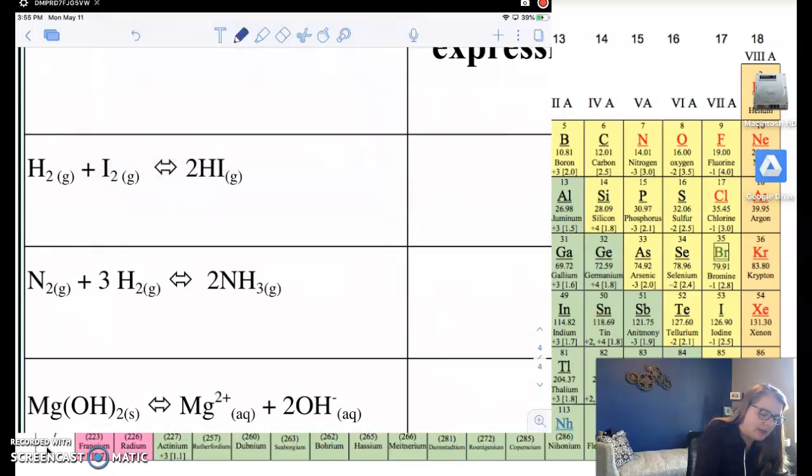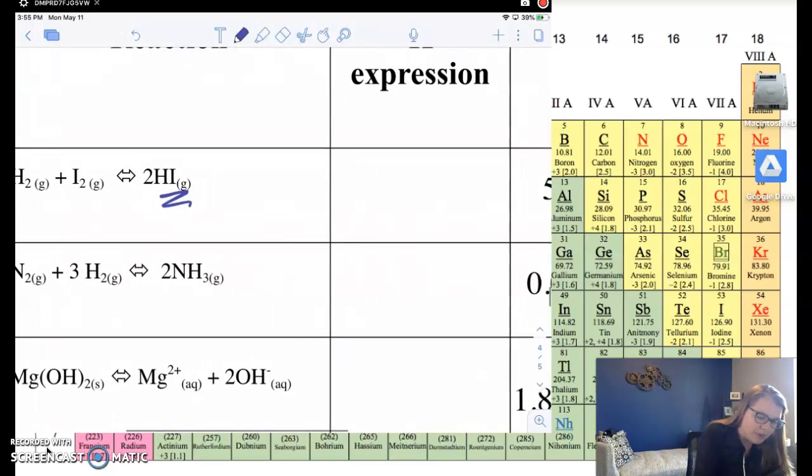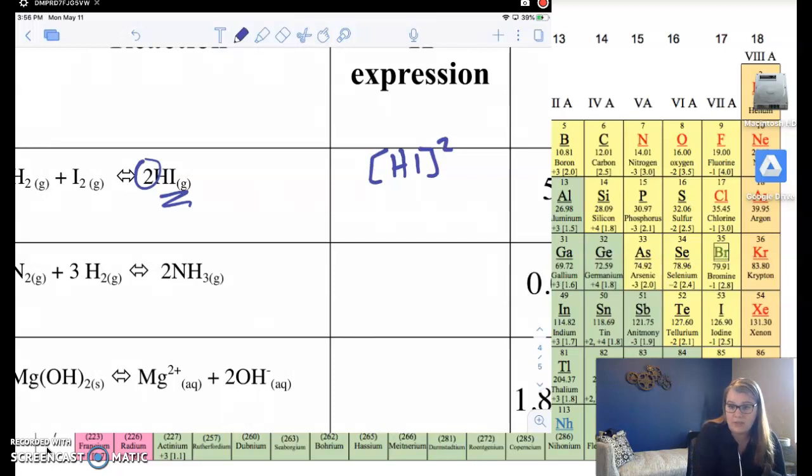So I've got my product here, which is a gas, so this will be a part of my equation. I'm going to take the concentration of HI, notice I did my brackets, and since this has a 2 exponent, I'm going to square whatever that value would be. And then I'm going to divide that by my reactants, which are both gases.